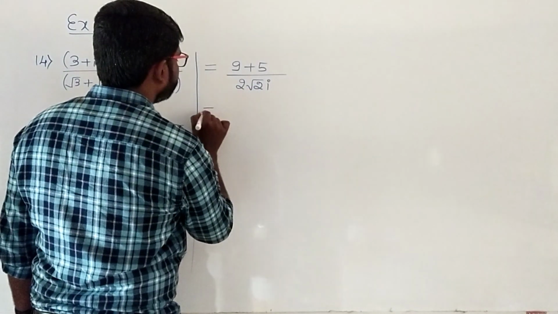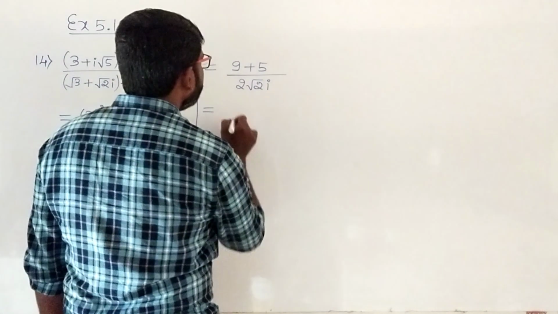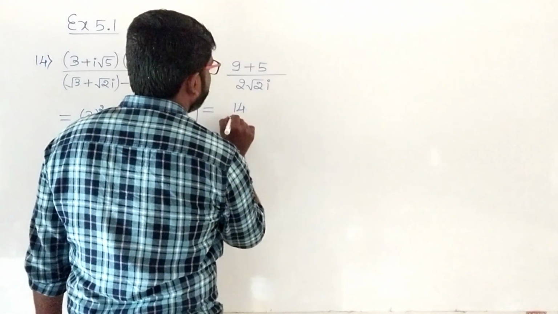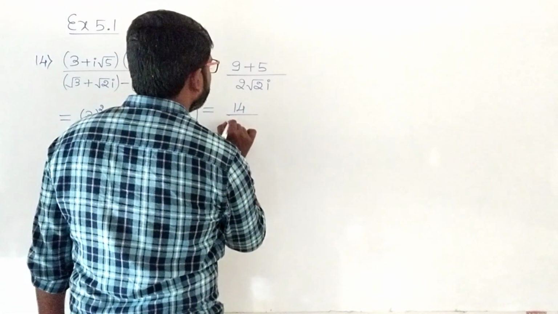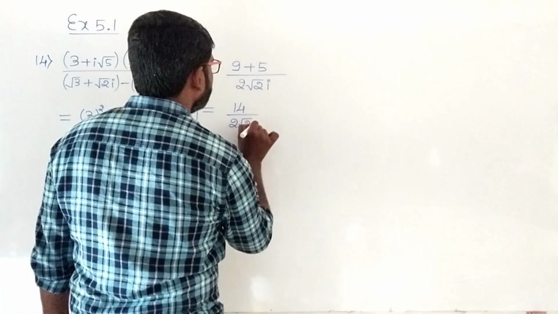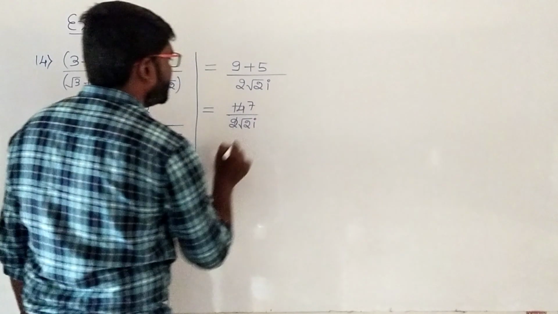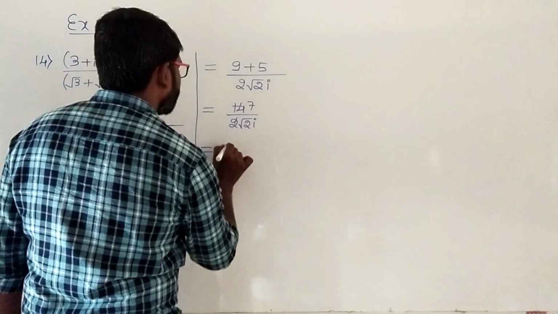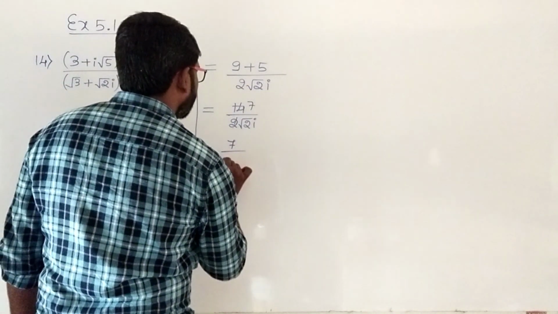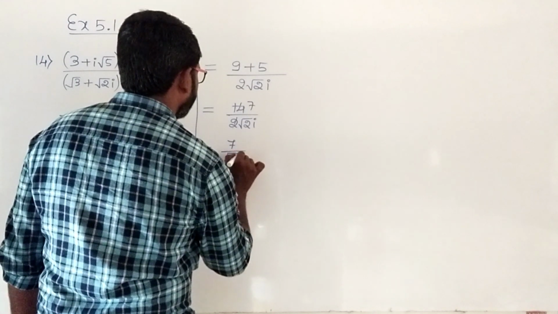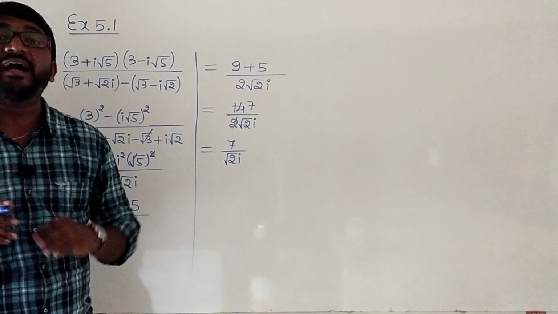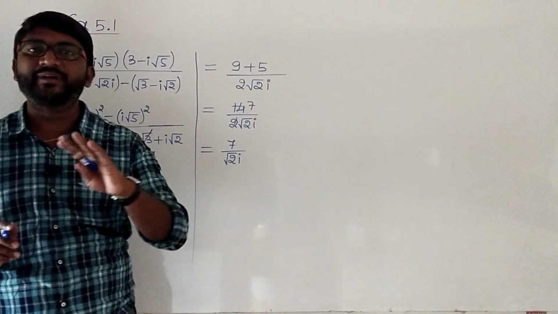Now 9 plus 5 will be 14, so 14 divided by 2 root 2i, here 2 ones are 2, 2 sevens are 14, so we get 7 by root 2i. But we should not have the i term and root 2 in the denominator.